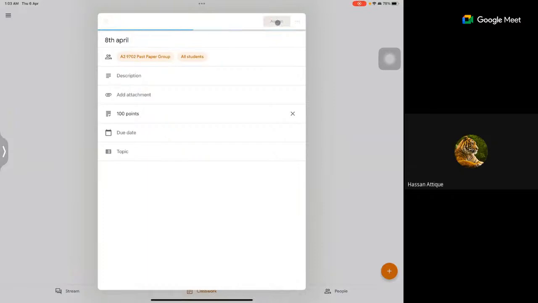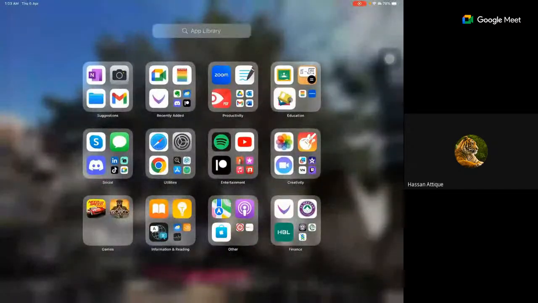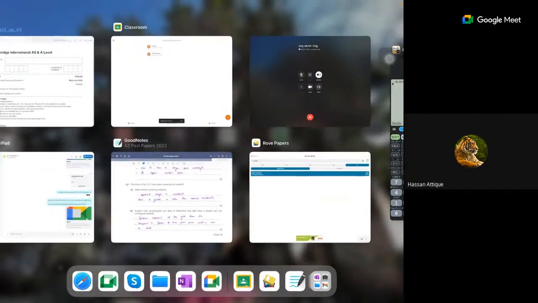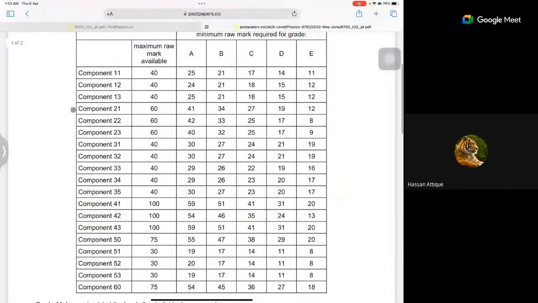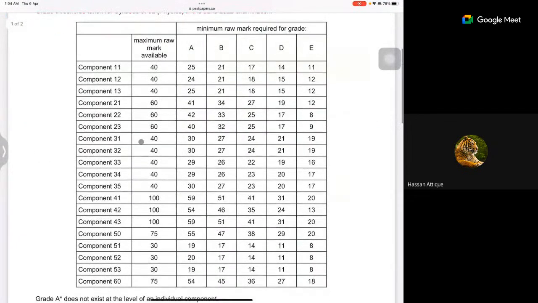I hope you have calculated your marks, and I don't want to ask you your marks. I'm going to check what the grade threshold was. We did 4.3, I believe. If you scored 59 and above, that's a definite A, and you can scale yourself here.